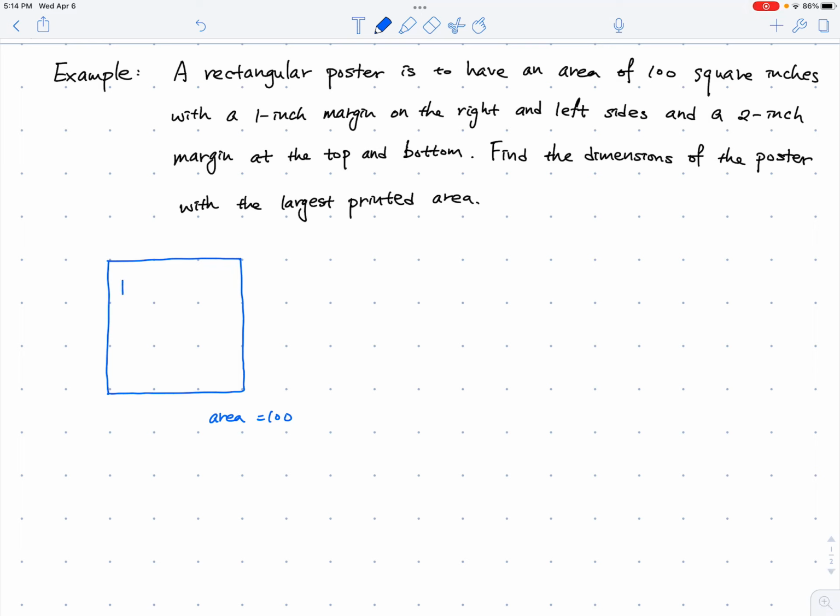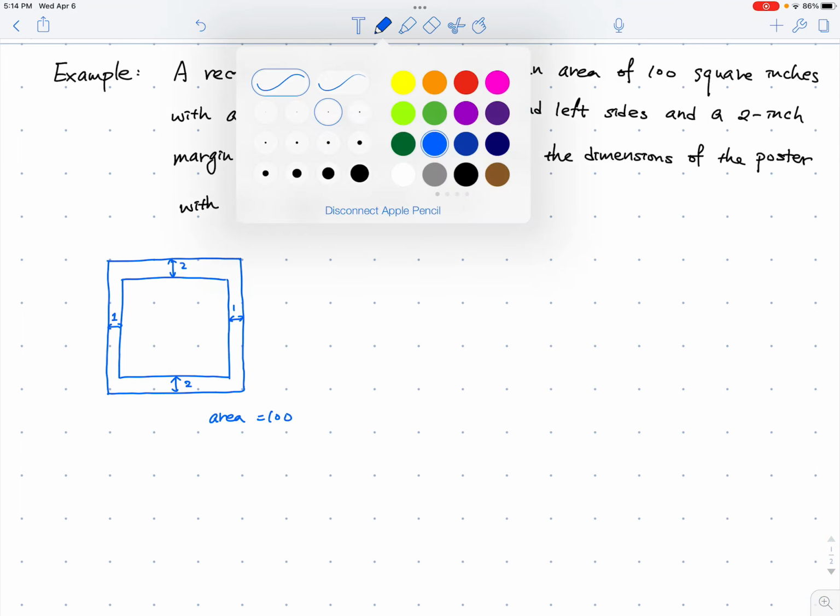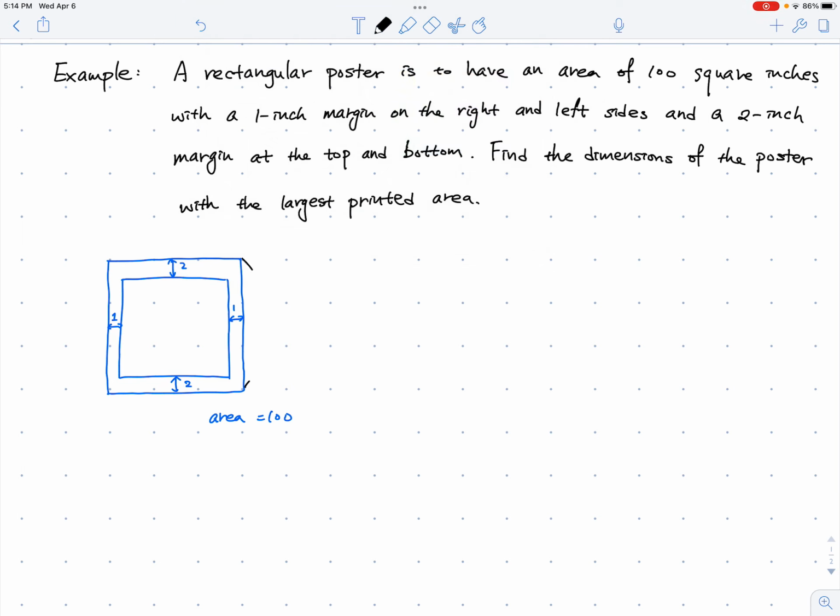So for the sides, this margin is 1 inch. This is 1 inch, and for the top and the bottom, what you have over here is 2 inches. 2 inches. Okay, so you want to find the dimension of the poster so that you have the exact area.